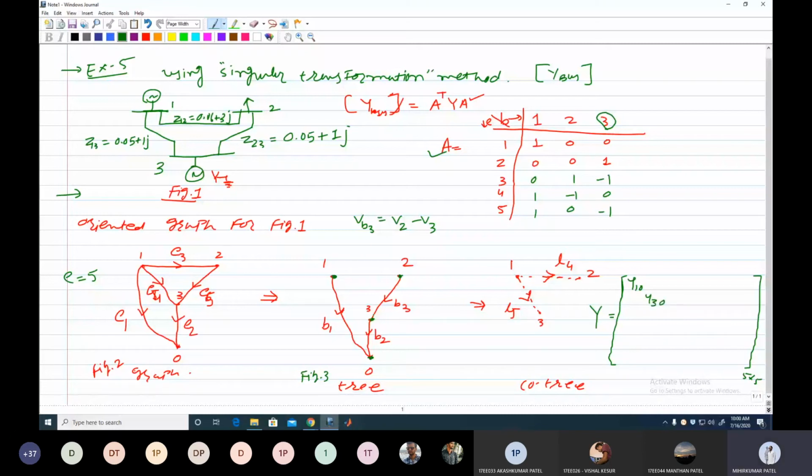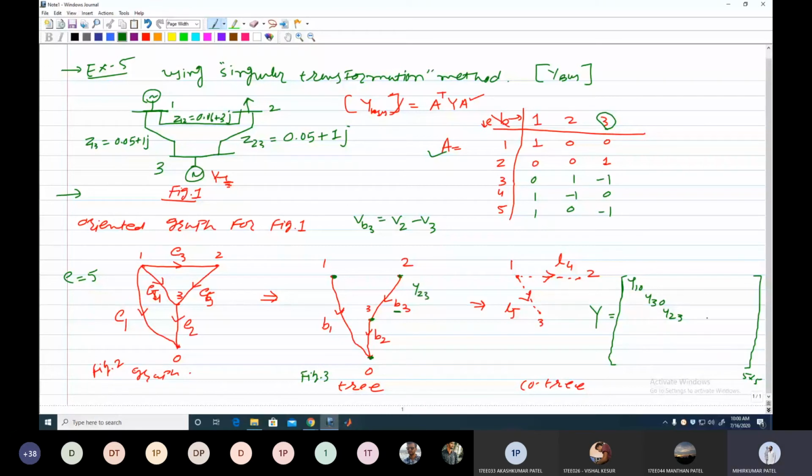Now who will answer the third element? Y23. Yes, very good. See, here the third element is connected between bus number 2 and 3. So the admittance offered by this transmission line is Y23. Clear?